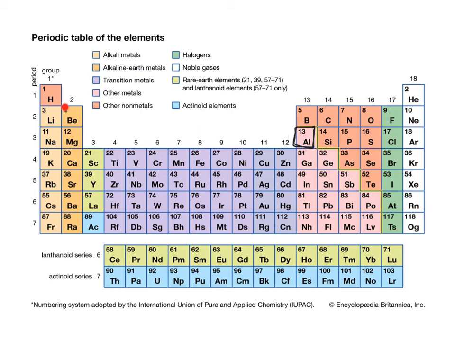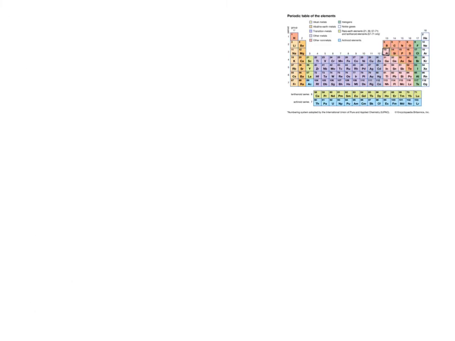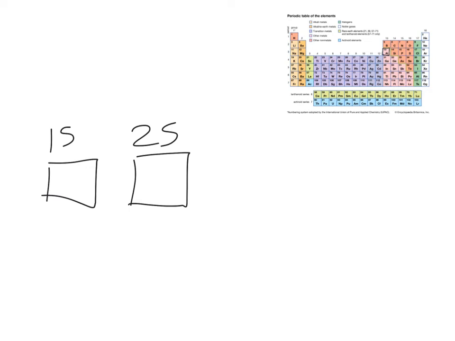And look at the orbitals it has to go through. This is 1s, 2s, 2p, 3s, 3p. So I'm just going to start to draw those diagrams out. I said I had 1s, and we know it has one block in it, right? Only one orbital. Next we had 2s, and it also only has one orbital in it.